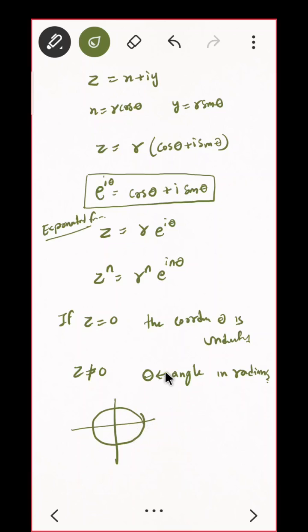Correct? And your theta, how many values of theta are there? If you have a complex number, how many values of the argument will there be? It is denoted by arg z, argument of z, theta. Let me tell you one thing. What about cos of 2 pi plus theta?